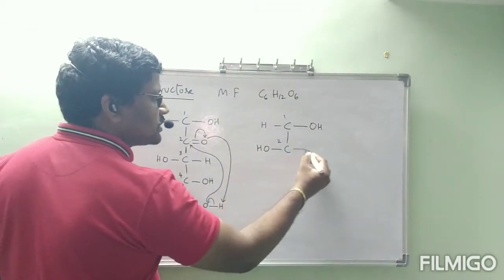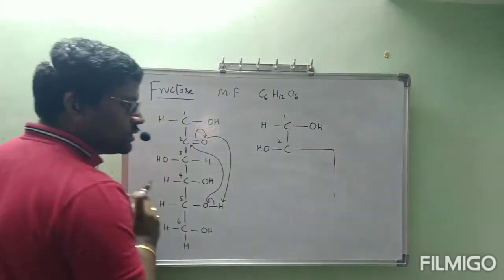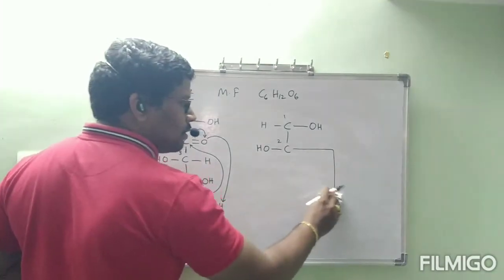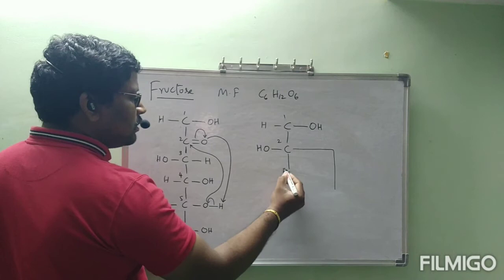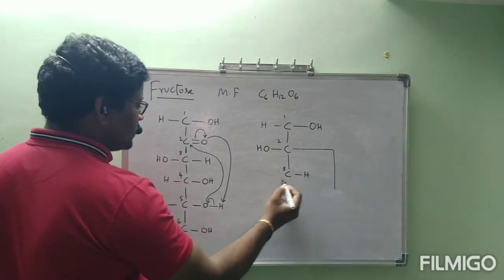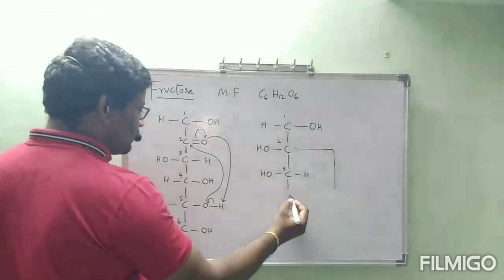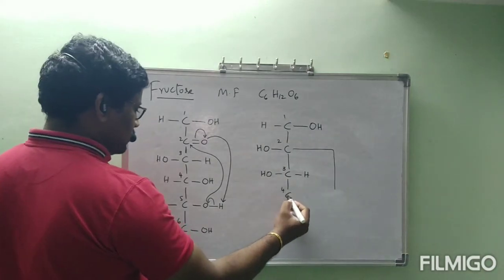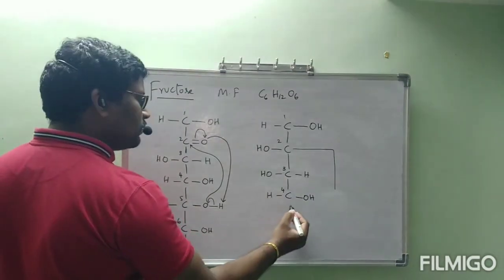Next, this carbon is bonding with fifth carbon with oxygen in the middle. Second carbon is bonded to third carbon. Third carbon has H on right side, OH on left side. Fourth carbon has OH on right side, H on left side.